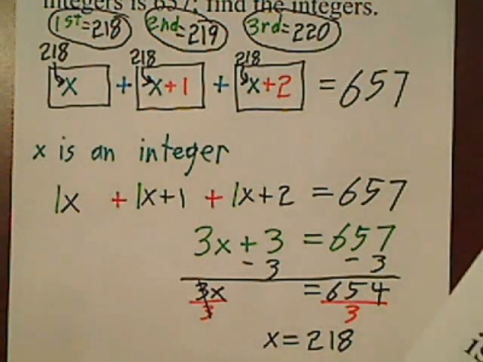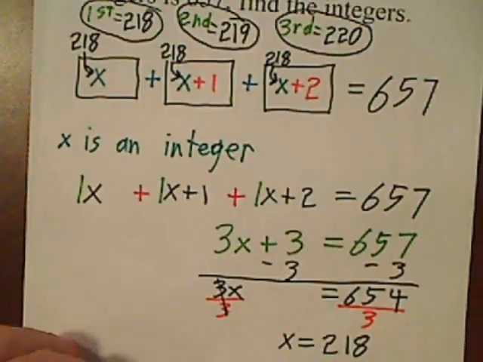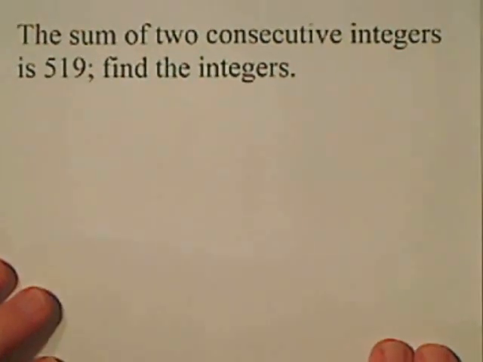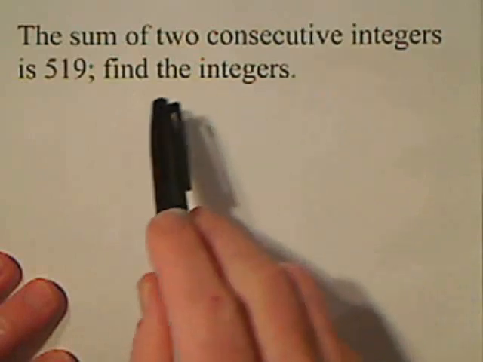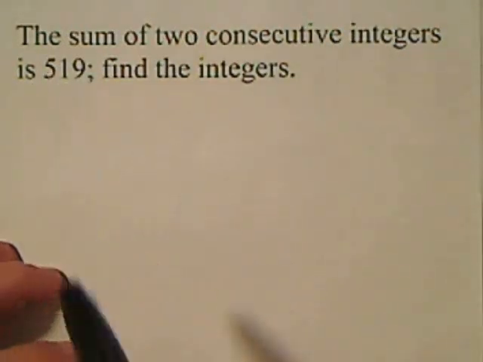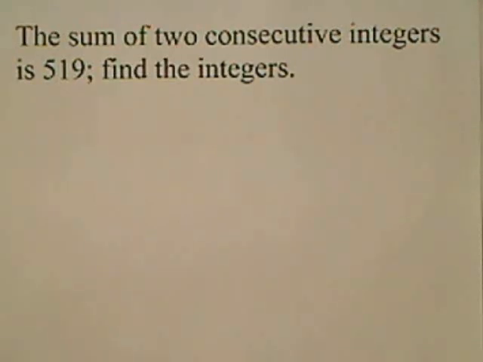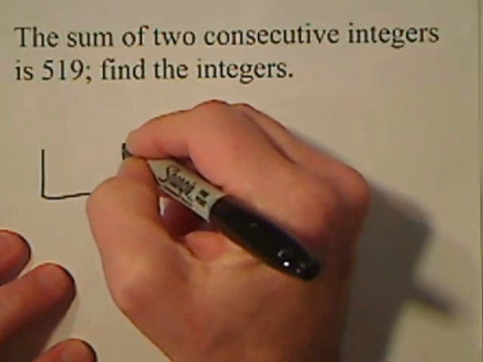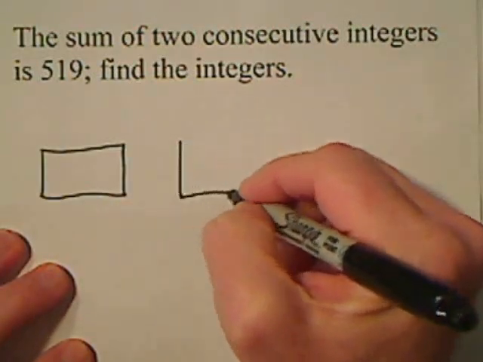We'll look at the sum of two consecutive integers now. And they might refer to this as pages in a book. I could have 2 pages in a book that would add up to 519. Since there's only 2 of them this time, I'll only need 2 boxes.